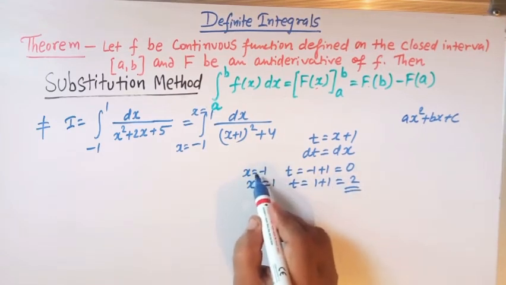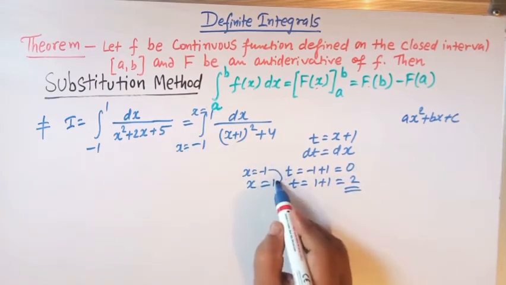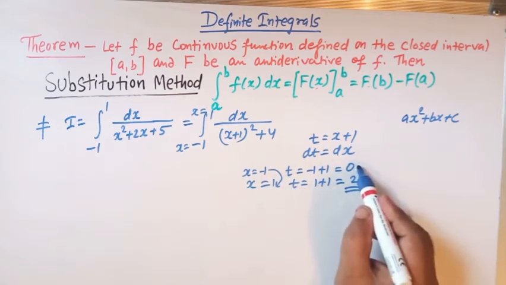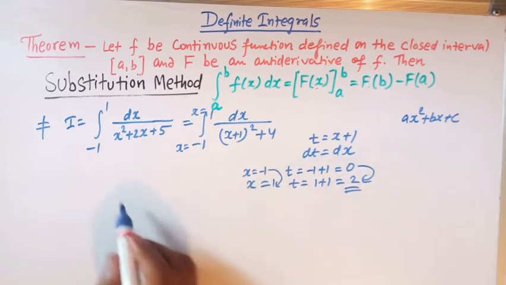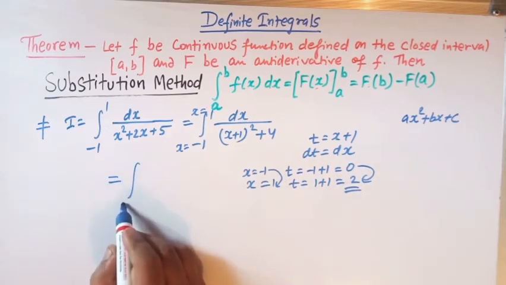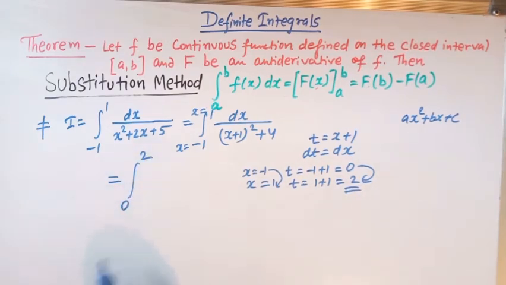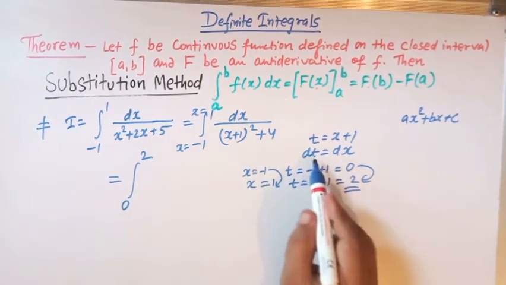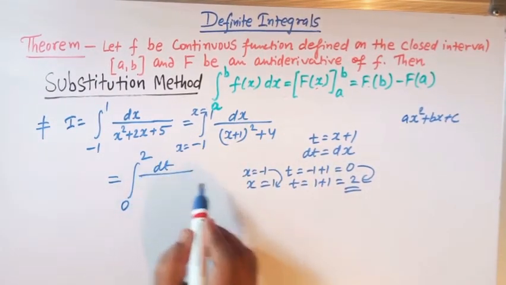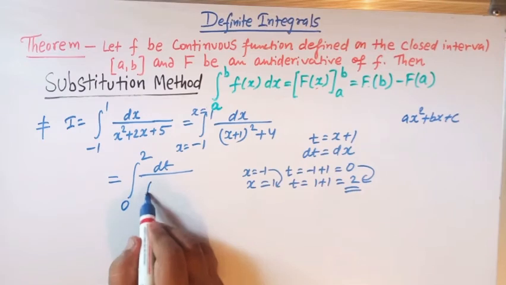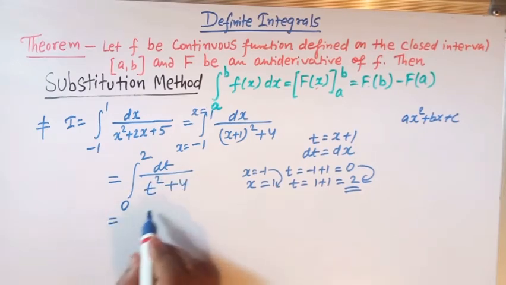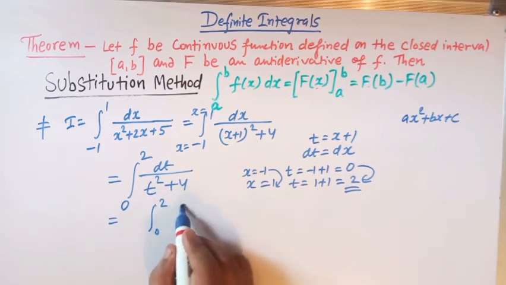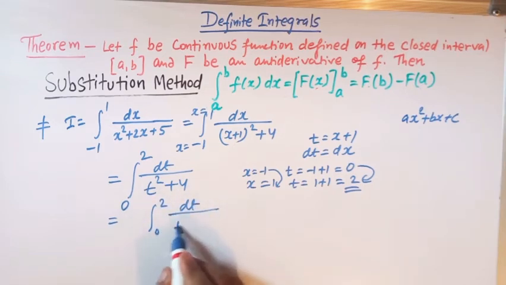So when x changes from -1 to 1, then t varies from 0 to 2. So this becomes 0 to 2, and for dx we have dt, and for x plus 1 we have t, so this is t square plus 4. This can be written as 0 to 2, dt over t square plus 2 square.